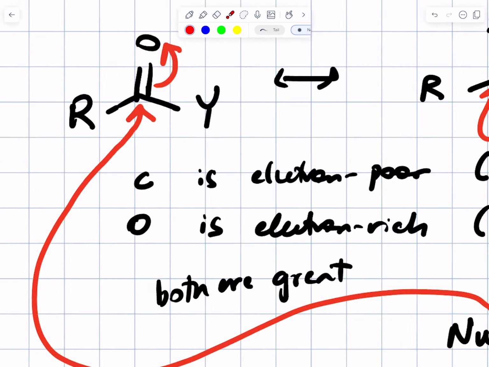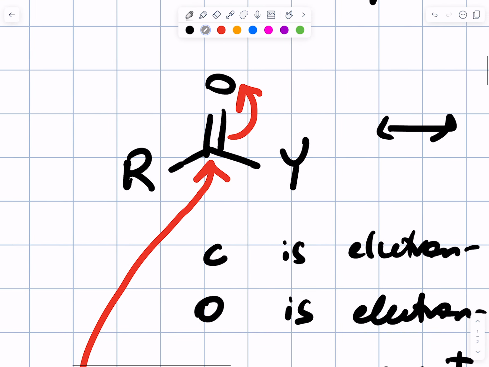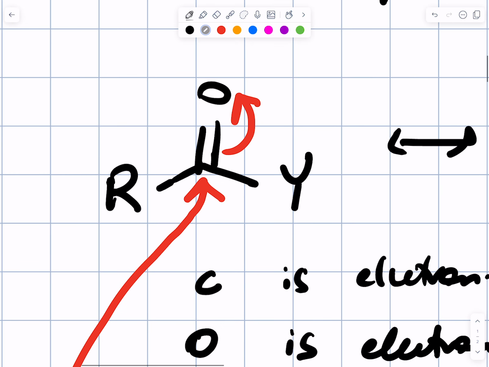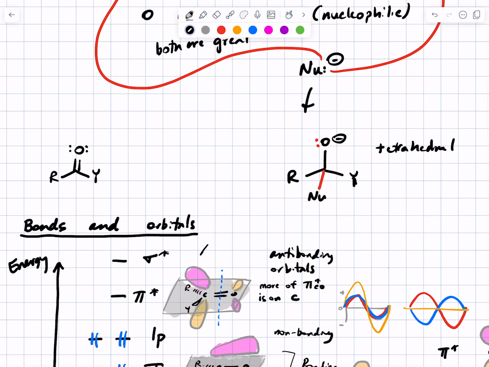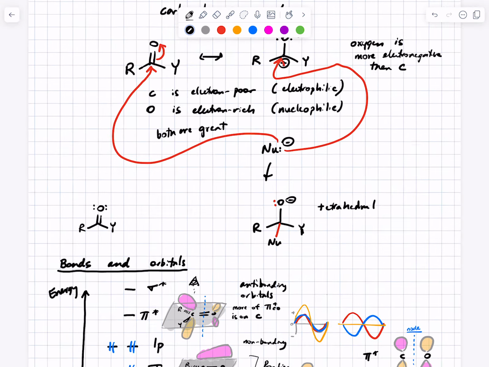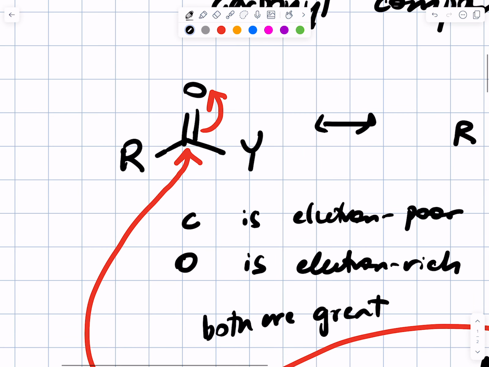And we can even draw this orbital picture superimposed here on this structure. If we were looking down, it'd be like we were hovering here over the plane and looking down on the molecule from above. There would be a large lobe on the carbonyl carbon, a smaller lobe on the oxygen, a node in between.